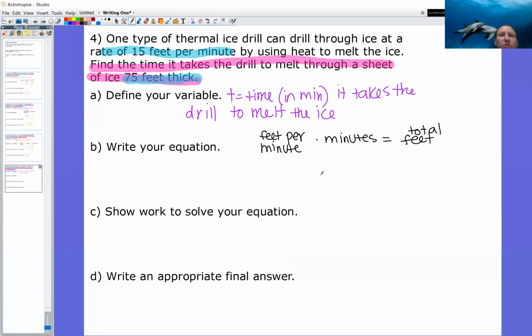So that means it's going to be the feet per minute is 15 feet per minute. We don't know the number of minutes, that's our T, and it's trying to drill through 75 feet.